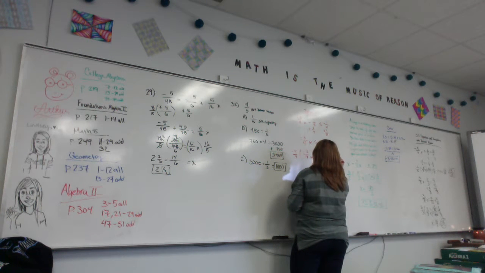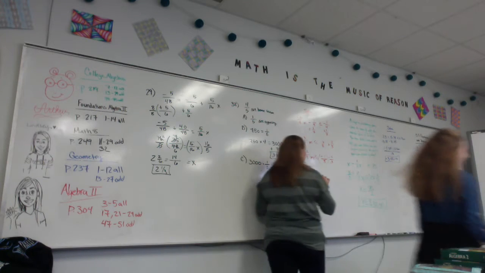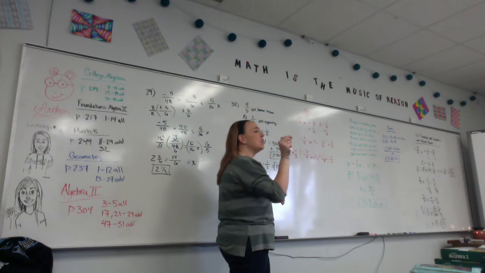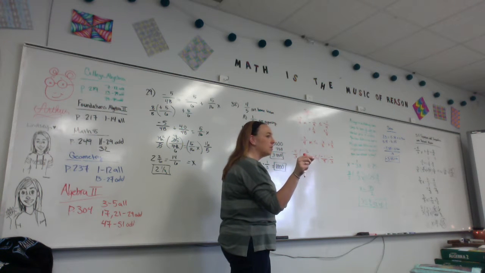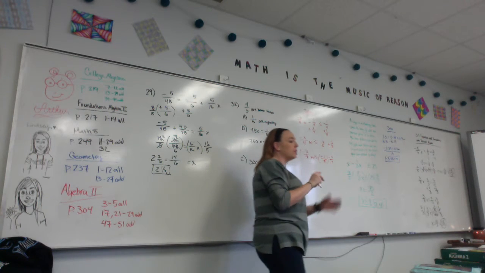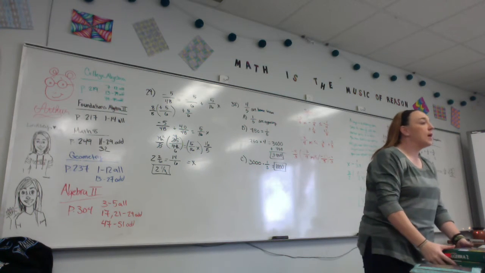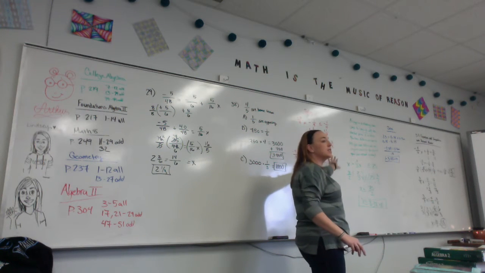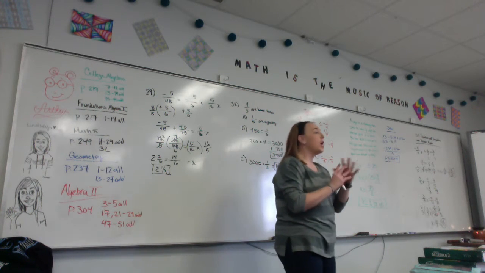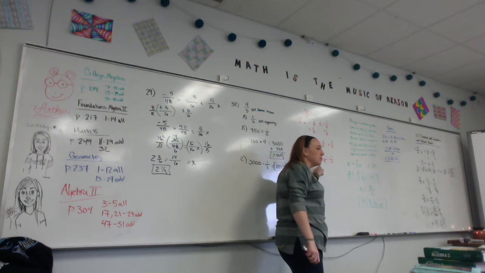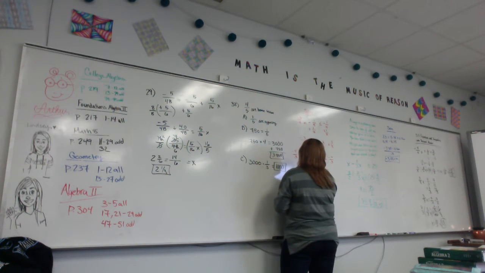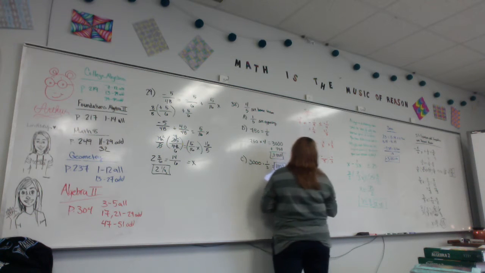What happens with inequalities when I multiply or divide by a negative? The other side is going to become positive because it's a negative times a negative. What happens to the inequality sign when I multiply or divide? It flips. So M is greater than or equal to what?